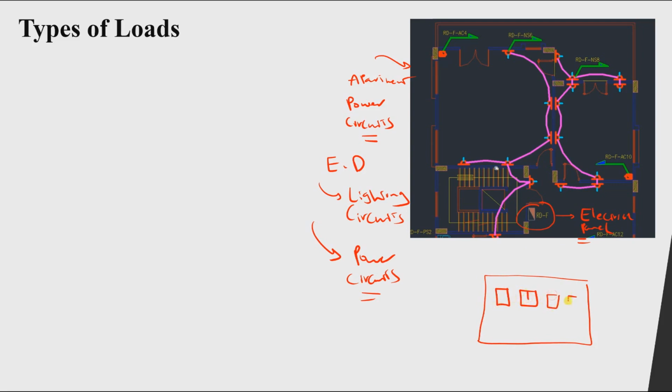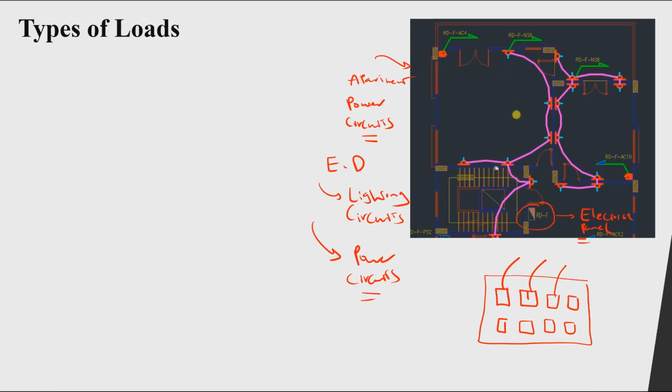Each of these circuit breakers will go to a certain circuit. It can be a lighting circuit which provides electrical power to a group of luminaires, and it can be a power circuit which provides power to air conditioning, power to a group of sockets or outlets, and so on. So this is our distribution board that will give electrical power to all of these sockets.